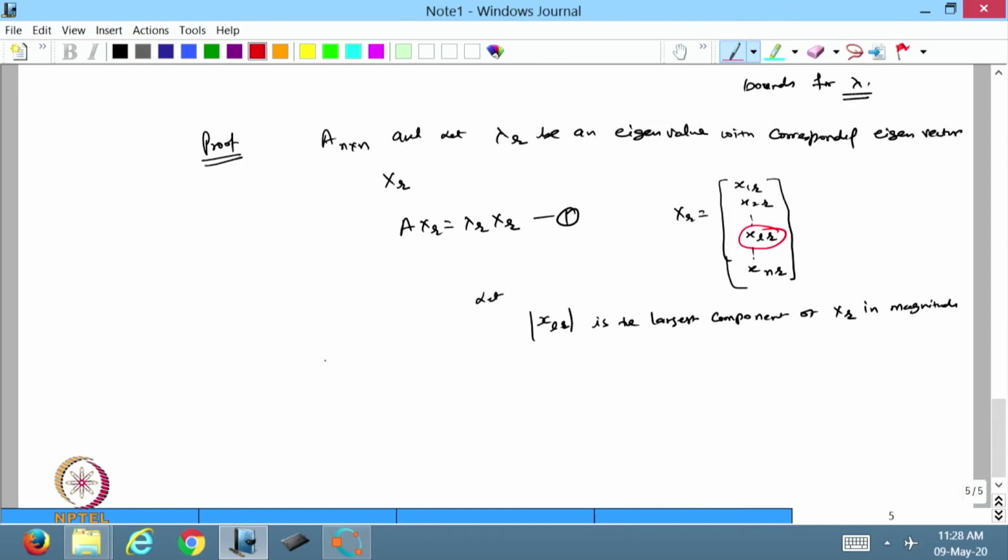Now, we can multiply this x r by the matrix. A is my matrix.